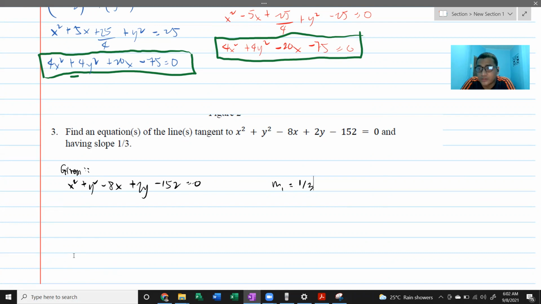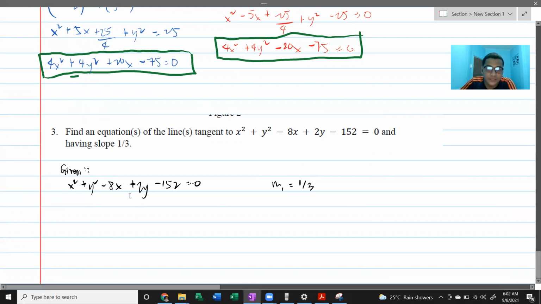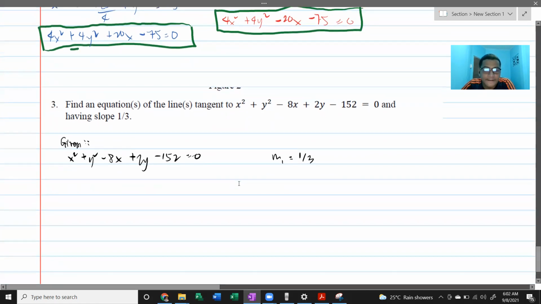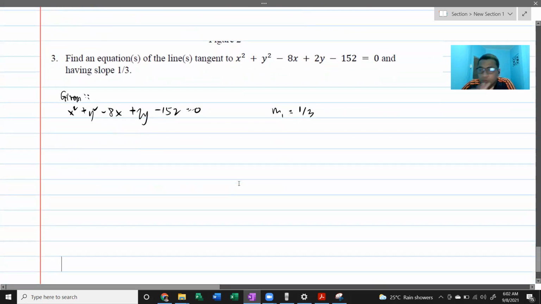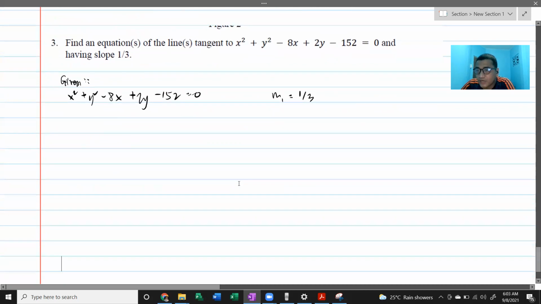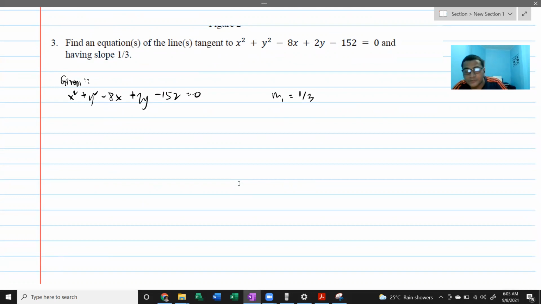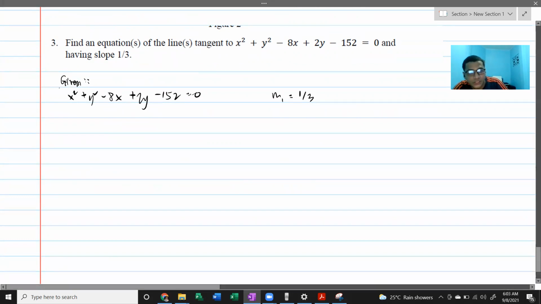As discussed in our sample problem 1, if the coefficient f is negative, this must be a circle. Okay, since this is negative, then this must be a circle, not a point. Now, to visualize the problem, we need to graph it first. So to graph it, we first transform the equation of the circle into standard form.